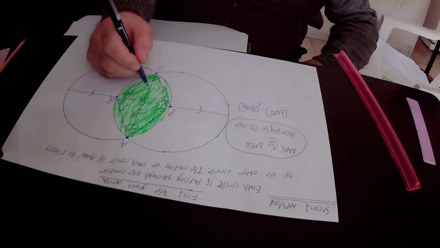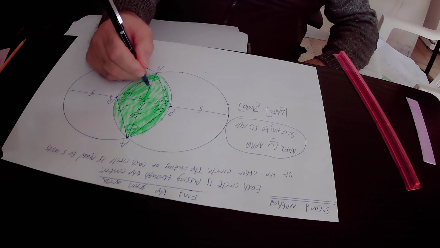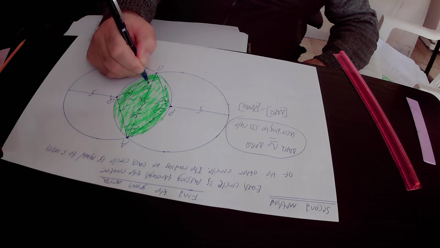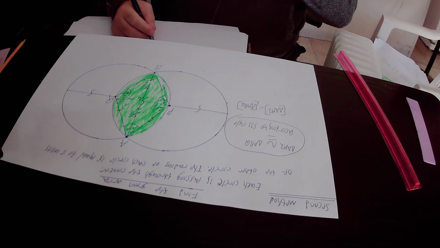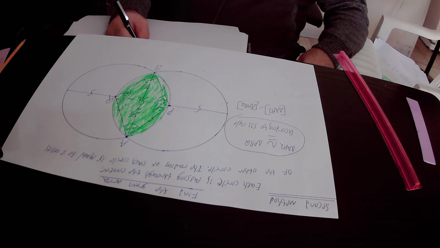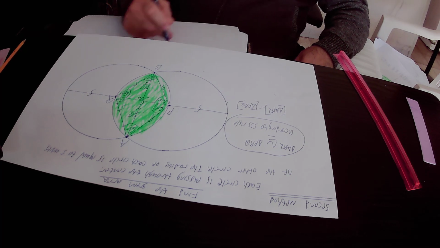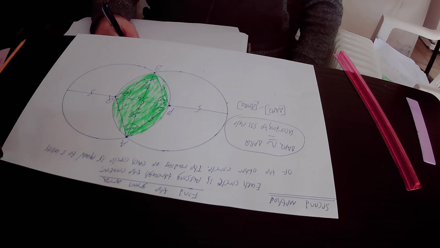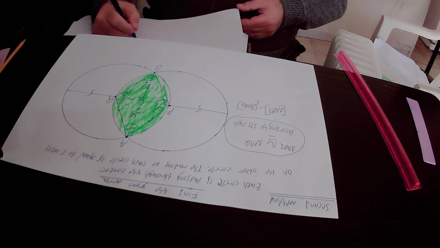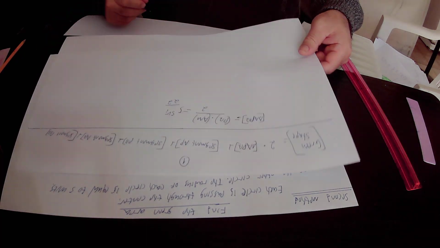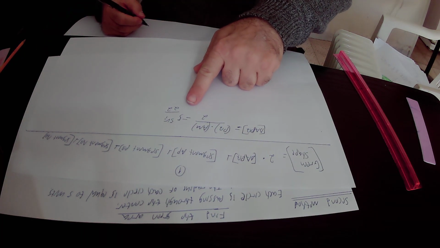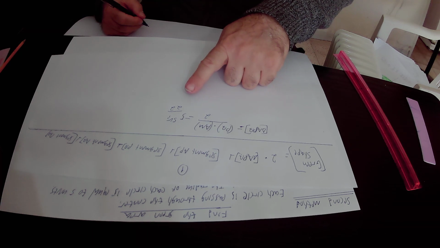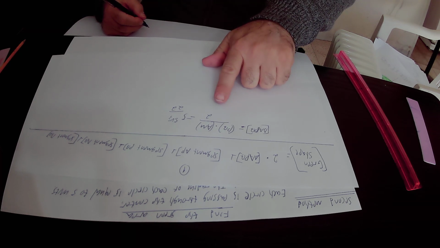Here it is also AM equals MB, so it is 5 times square root of 3 over 2. So the area of triangle APQ equals PQ, that is 5 units, times AM, that is 5 times square root of 3 over 2, all divided by 2.